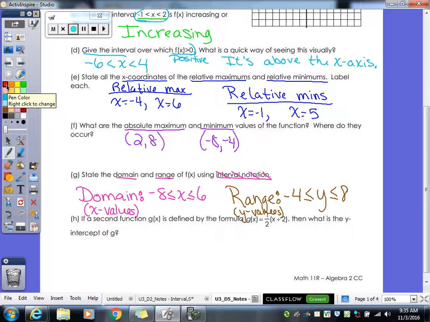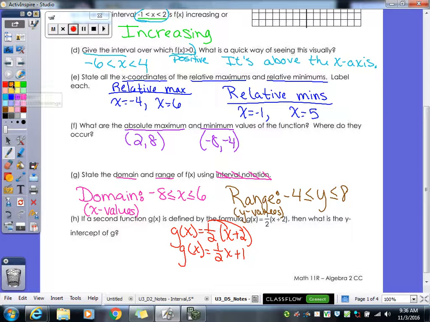And then H: if a second function, g of x, is defined by the formula 1/2 x plus 2, what is the y-intercept of g? Well, I can see this is almost in a form we're used to, our slope-intercept form, y equals mx plus b. So I'm going to distribute my 1/2, and I get 1/2 x plus 1.